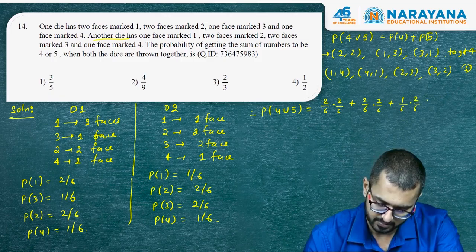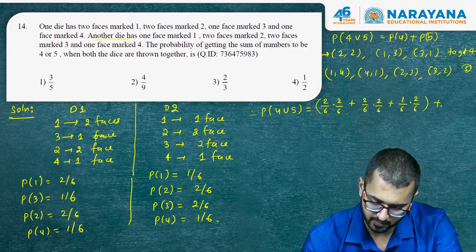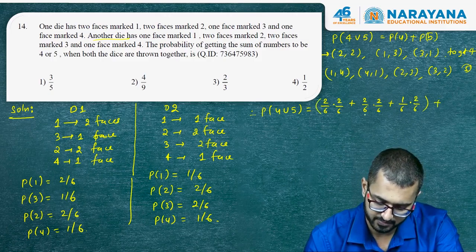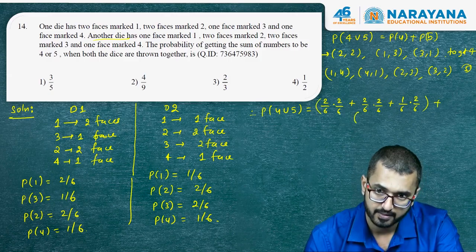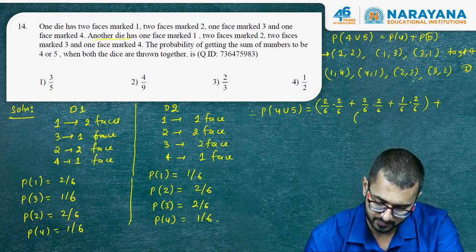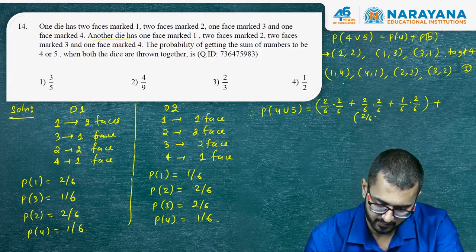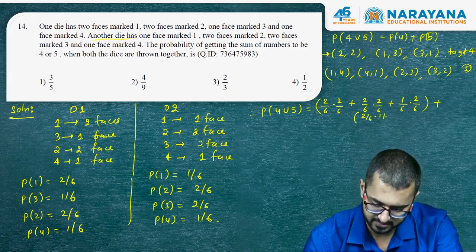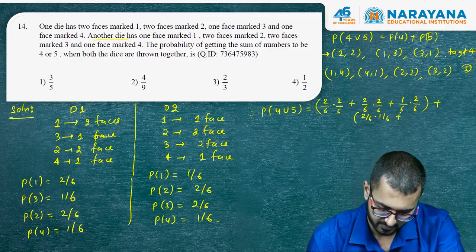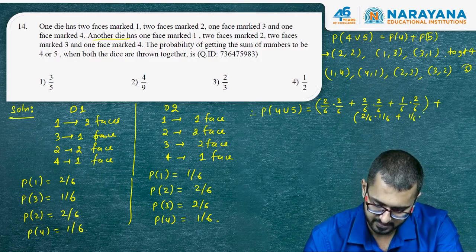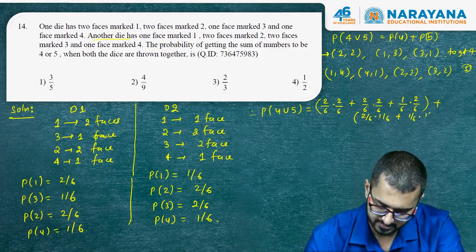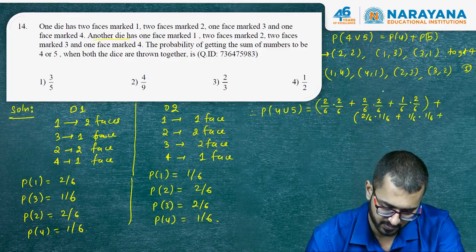This is for 4, and then plus for 5 we will now write down the entries. So for 5 we have 1 and 4. For 1 we have 2 by 6 and for 4 I will be having again 1 by 6, plus for 4 1, so 4 is 1 by 6 and for 1 it is 2 by 6, plus for 2 3.